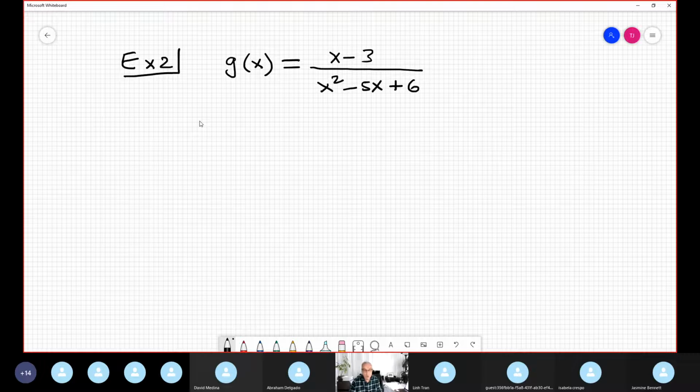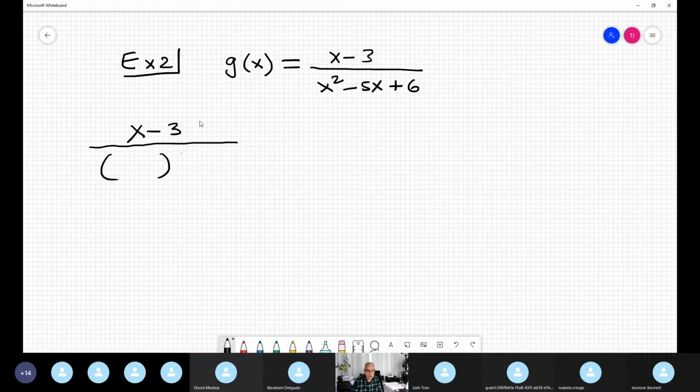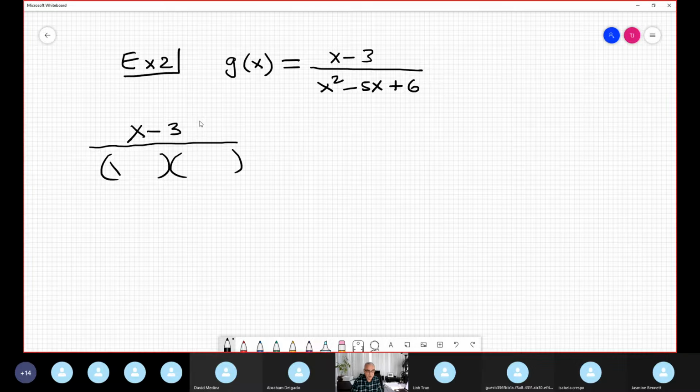The first thing you should always do to analyze any rational function is express it in factored form. On top, it's an easy binomial. In the bottom, it's a trinomial, so you factor it. The combination is 3 and 2, because 3 times 2 is 6 and 3 plus 2 is 5, both negative.